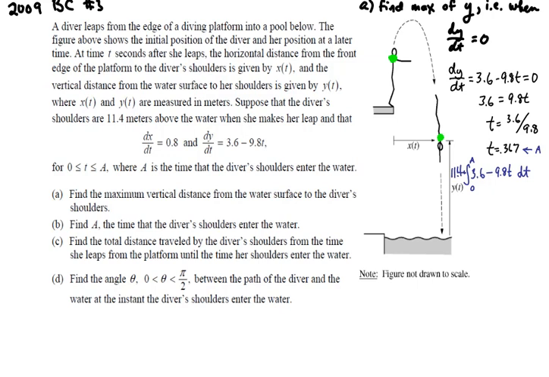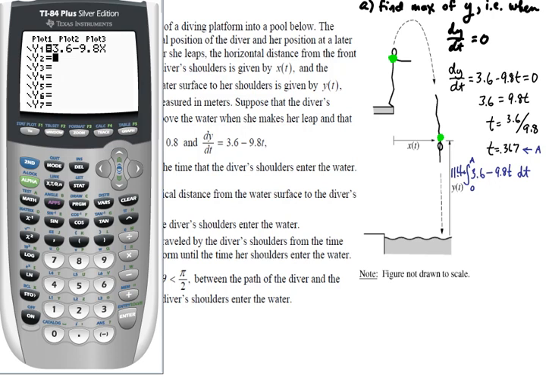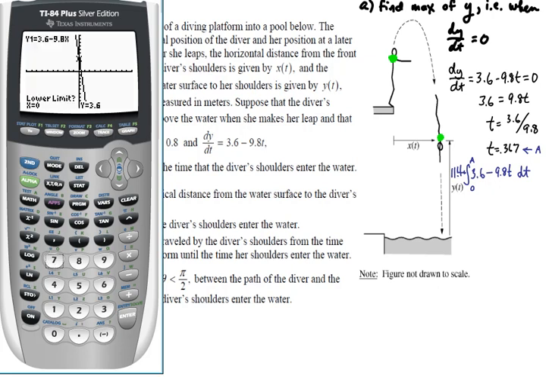And so I enter 3.6 minus 9.8x into y1. I zoom standard, and I'm going to find the integral from 0 to a, and that quantity is 0.661.